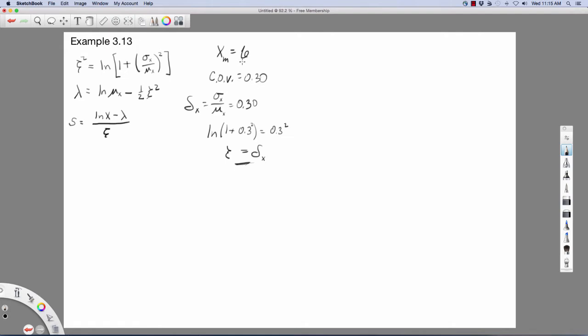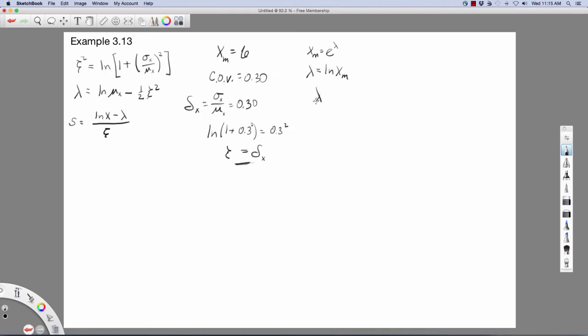The median, remember the median is defined by, in the log normal distribution, as the median is equal to e raised to the lambda. And since we are given the median, well, we could also solve for lambda, and lambda is equal to the natural log of the median.